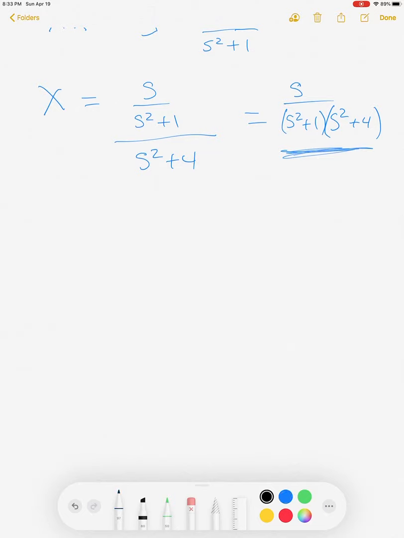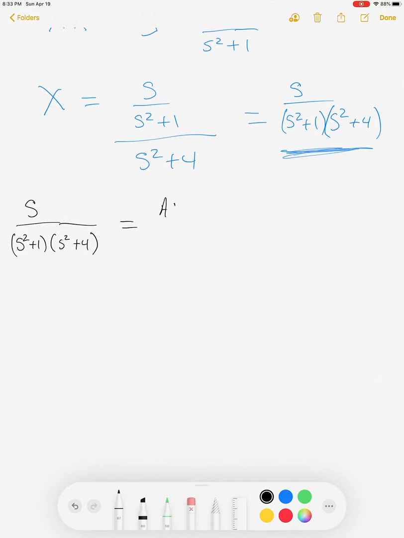Okay, so let's do that. So I have an s over s squared plus 1, which is an irreducible or non-factorable quadratic, and then s squared plus 4, which also is a non-factorable quadratic. So I'm going to set that equal to, and I can never remember how many terms I'm supposed to put on the top.